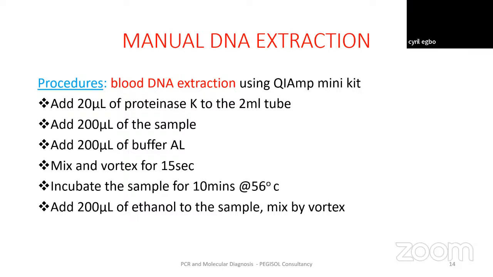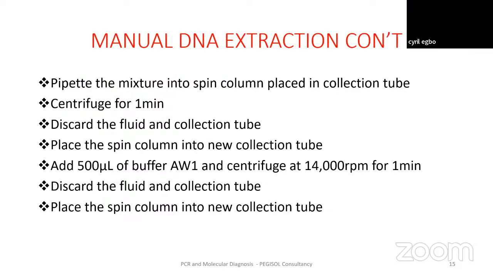That's why we listed some of the things you needed for this extraction process. Then you add 200 microliters of absolute ethanol to this mixture already in your tube. Then you mix and vortex. Then after which you prepare the mixture.